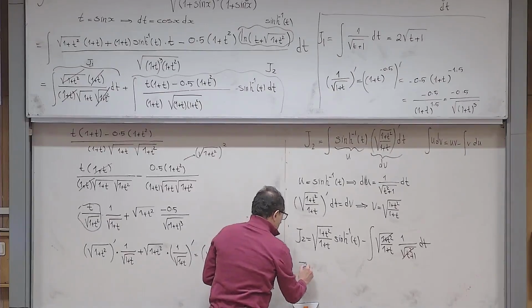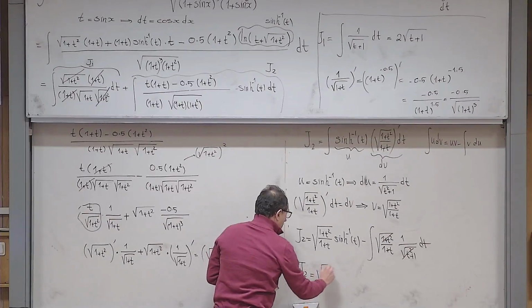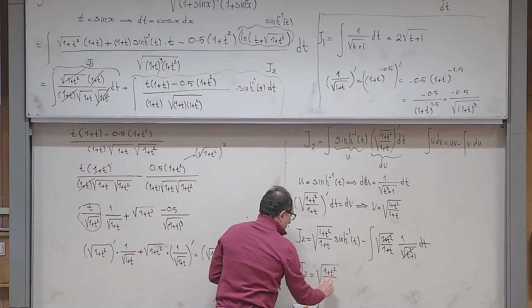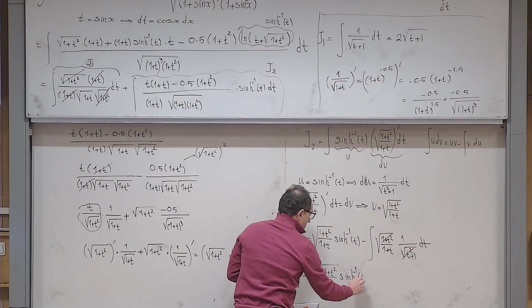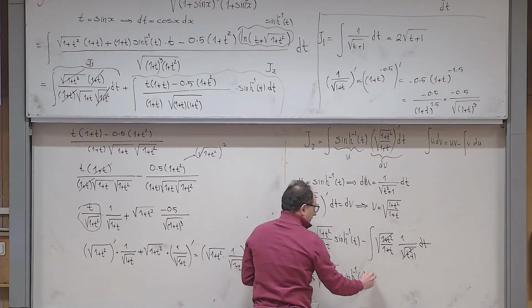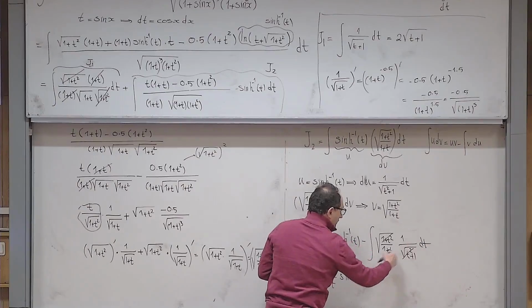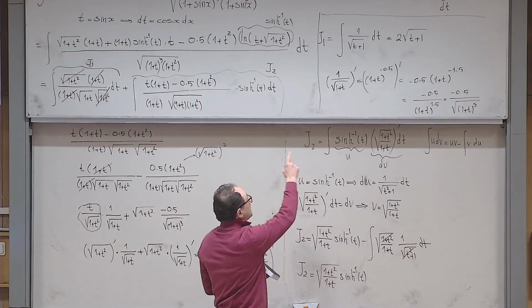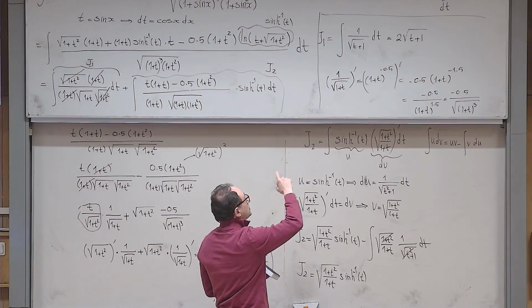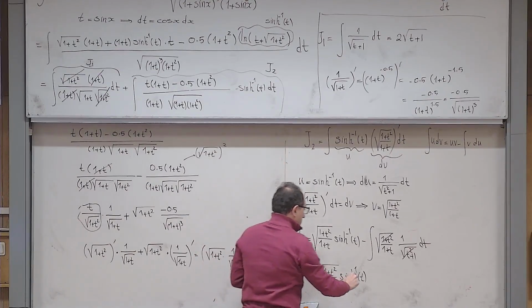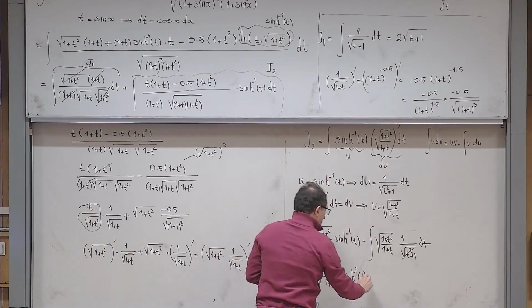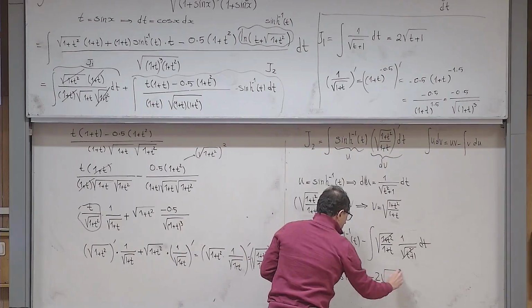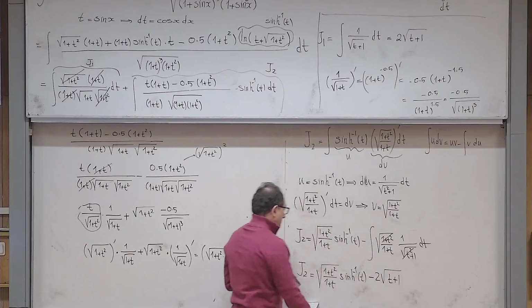So j2 becomes square root of 1 plus t squared over 1 plus t, sine hyperbolic inverse of t, and then what you have here, dt over square root of 1 plus t that you see on the board, is now just j1. Yes, and j1 was calculated to be that.